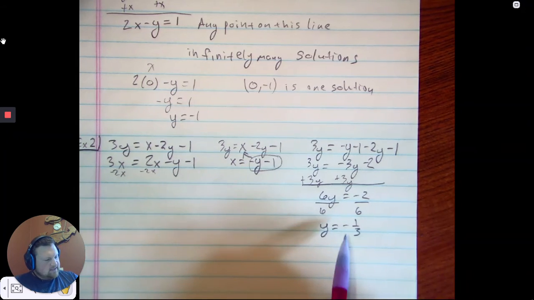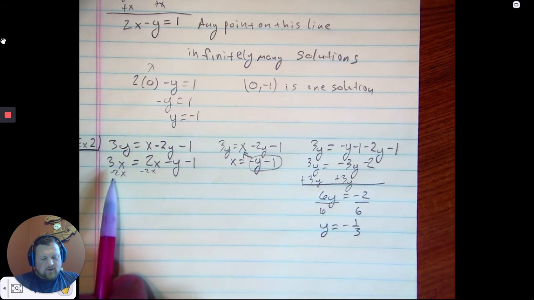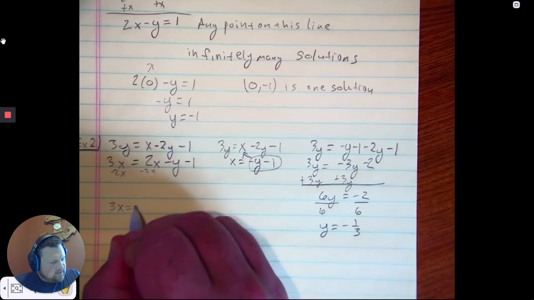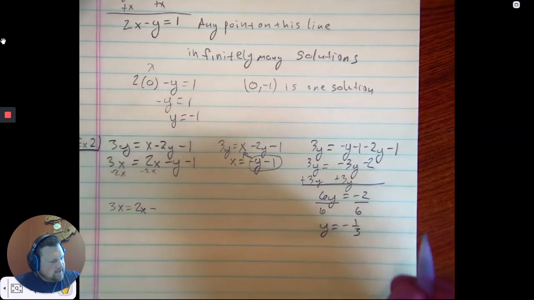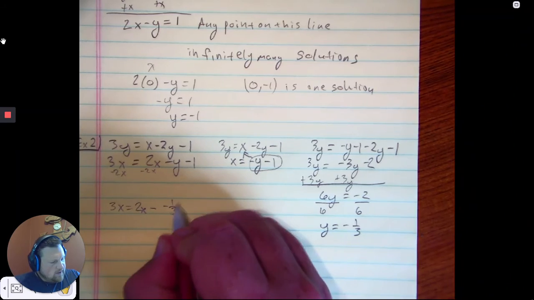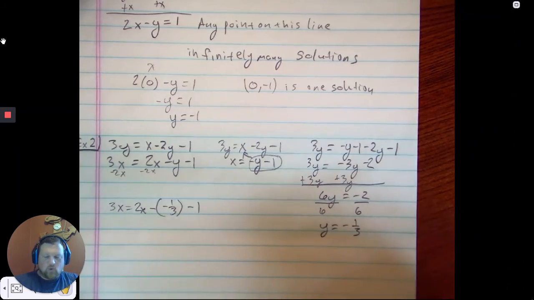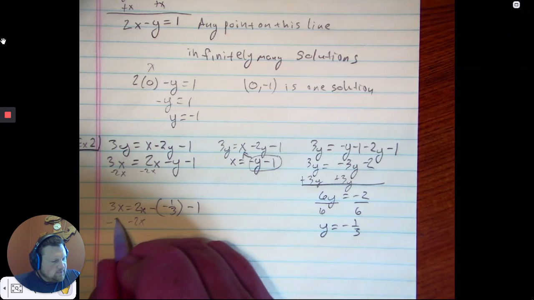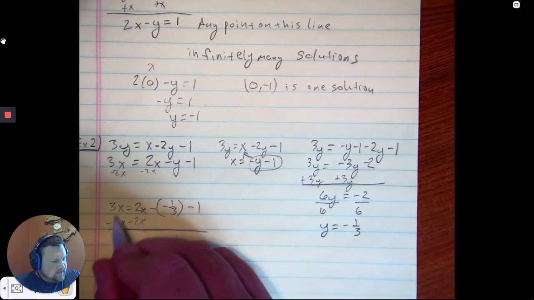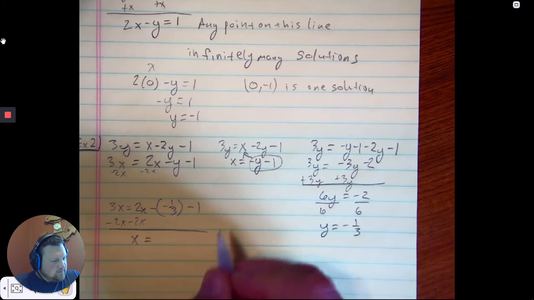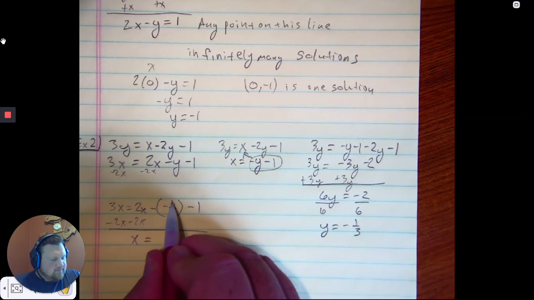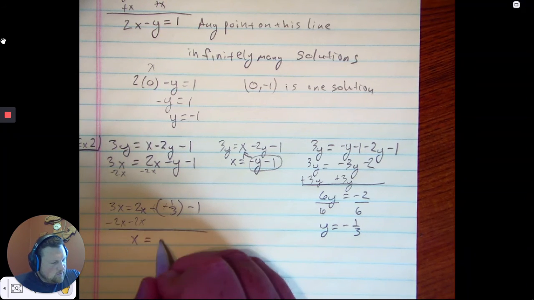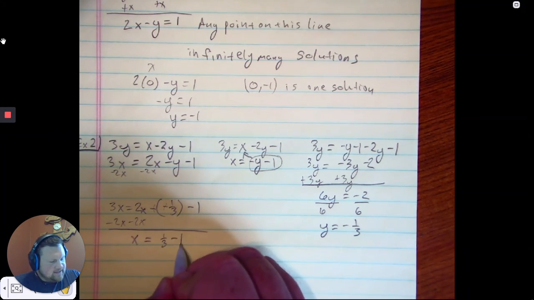I'm going to take this and put it back into one of the original equations. So if I take my 3x equals 2x minus y, which was minus negative 1/3, minus 1. Now if I subtract 2x from both sides, that gives me simply x equals, well, I have a negative negative 1/3, which makes a positive 1/3, minus 1.